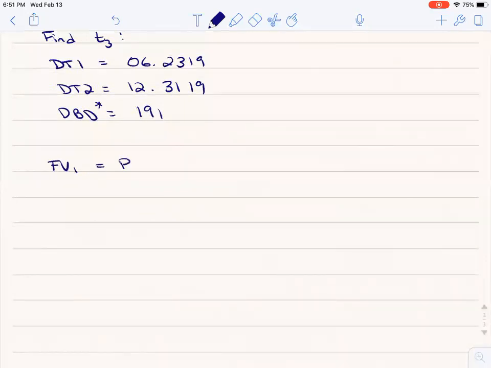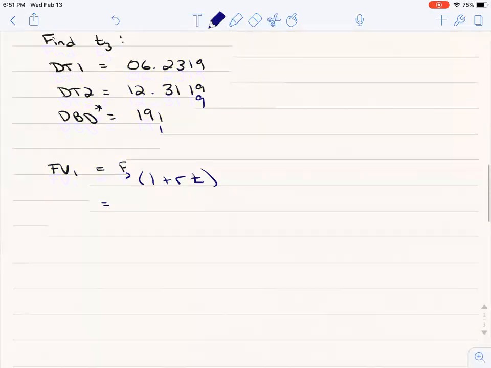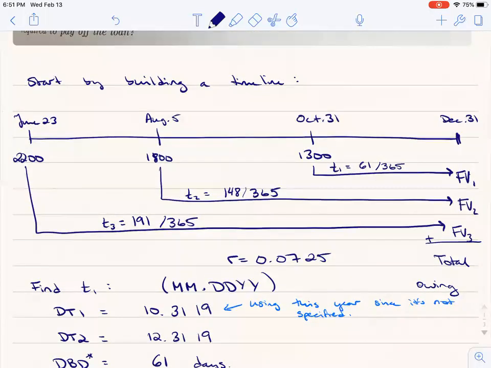Future value 1 is P times 1 plus R times T. Future value 1, and this is where I get tripped up sometimes, is because I've drawn the arrow from the most recent one, right? Future value 1 actually has a present value of 1300 and time of 61 over 365. So you want to keep that in mind.